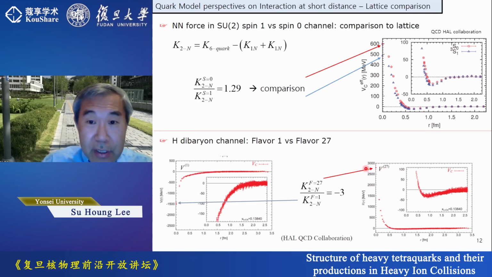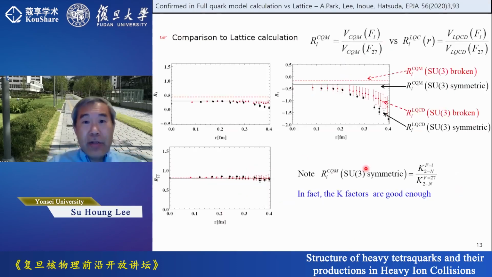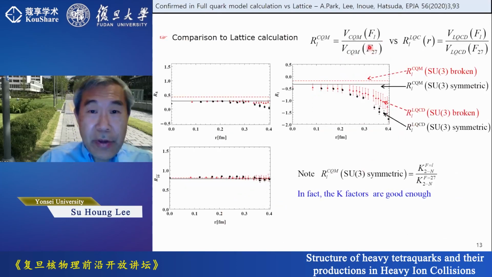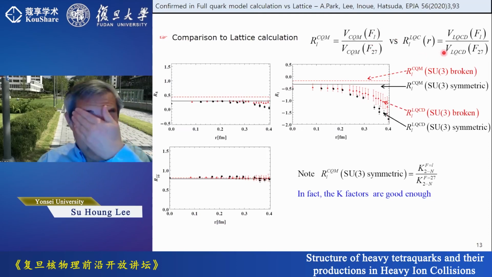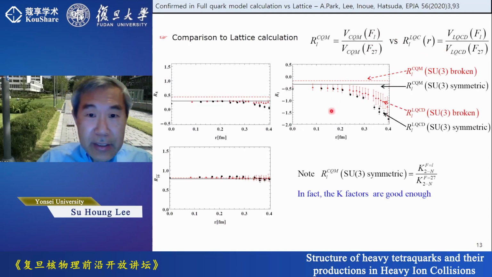We, of course, did more sophisticated calculations, a full quark model calculation, and compared with the lattice. I will not go into detail, but what we find is the ratio of the different flavored channels as you approach the short distance limit. This is the distance between two baryons, and the solid lines are with symmetry breaking.